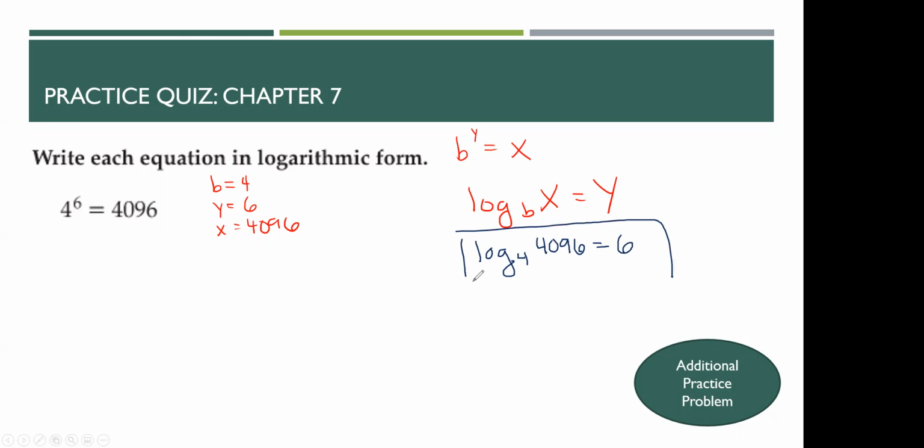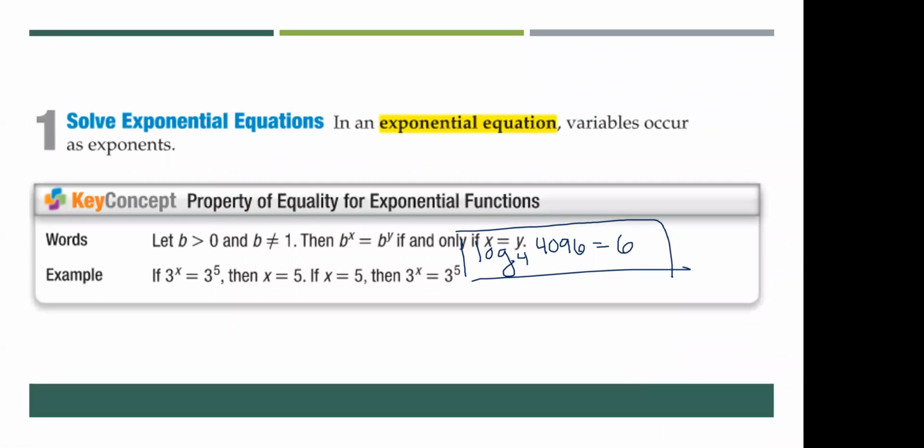So now this is in logarithmic form. We went from exponential form to logarithmic form. In the previous one, we went from logarithmic form to exponential form.